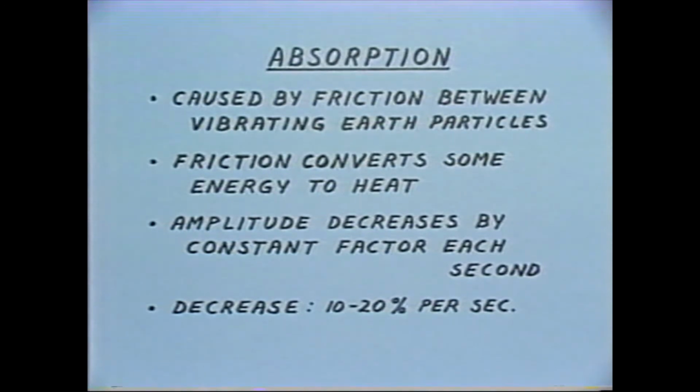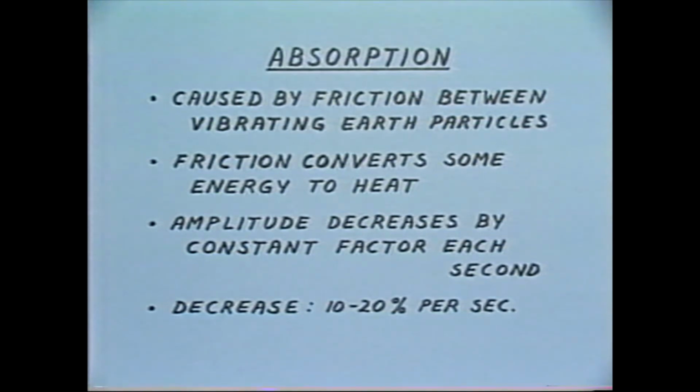Now, the second cause of amplitude loss is absorption, and this is simply due to friction between the vibrating earth particles as the wave travels through the earth. The particles move slightly in relation to each other, and the friction between them converts some of the seismic energy to heat, in fact a very minute quantity of heat.